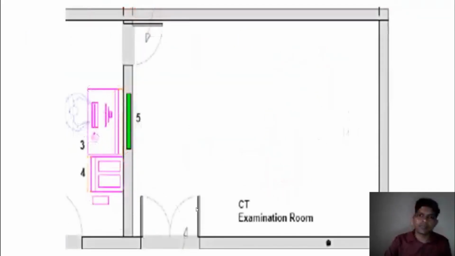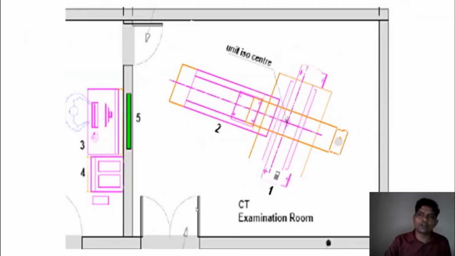Sometimes the room cannot accommodate this. Previously you might have seen how the layout is presented. If all the rooms are at equal distance, you can keep the distance from the isocenter maximized.